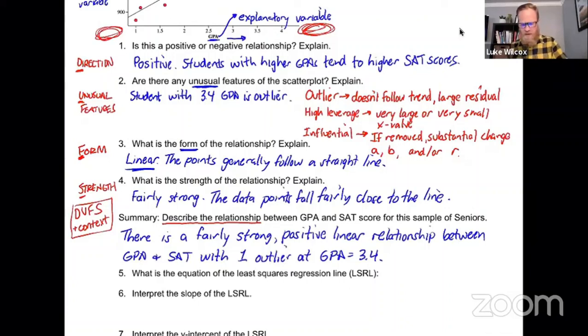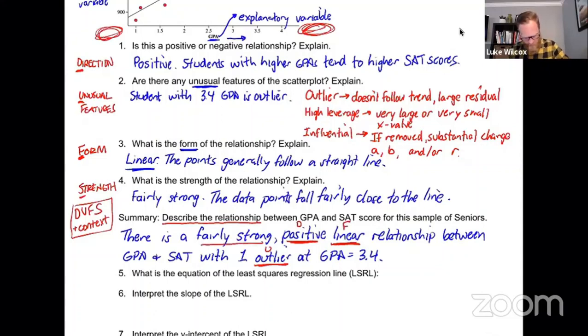Now let's make sure that it has everything that we need there, all right? Let's go in order of DUFS. D is direction. Yes, I see direction. My direction is positive. U, unusual features. Well, that's down here. I've talked about the outlier. F is form. The form here is linear. We've taken care of that. And then S is strength.